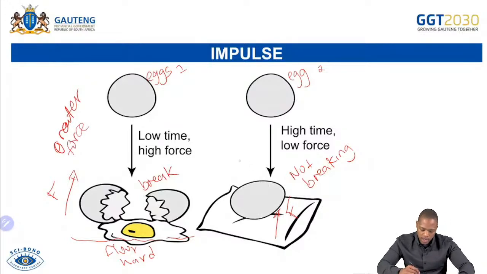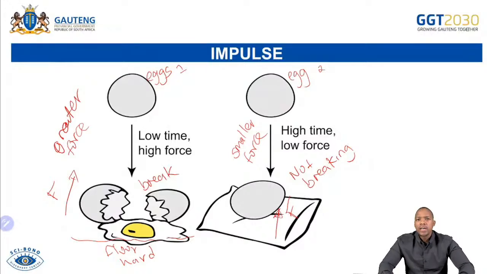The force that this one experiences is smaller. By it not breaking, it's a clear indication that the force it experiences is smaller, and the force that this one experiences is greater. But then again, that is not enough. Why? What causes this force to be smaller? They had the same initial velocities and now they have the same final velocities. Then what causes the force here to be smaller?